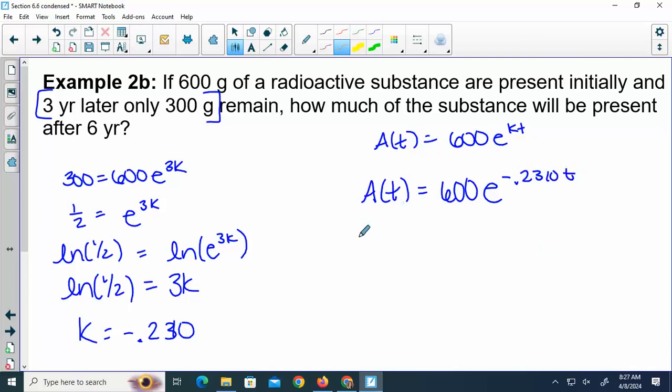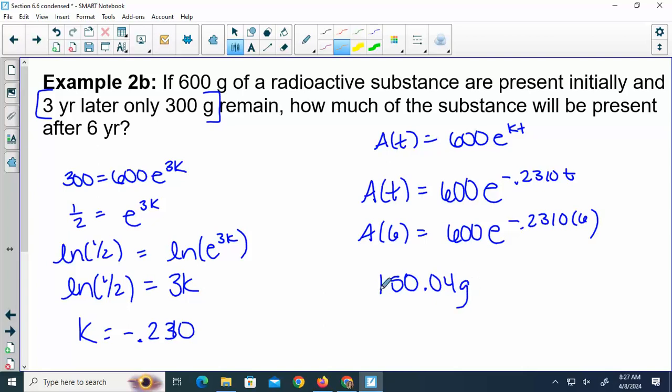Then we want to know how much we would have after 6 years. So we just plug that in. And did you get 150.04 grams? Any questions about that?